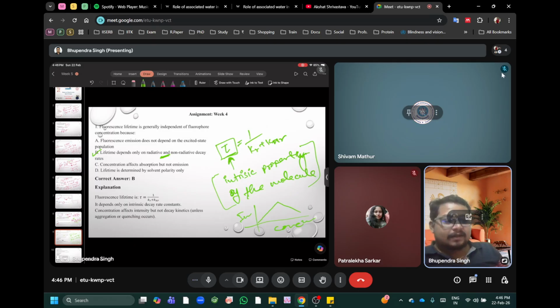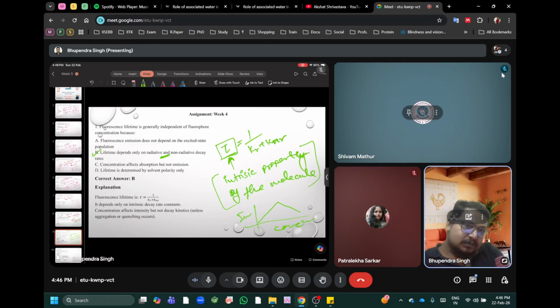It depends on the kinetics of the radiative and non-radiative decay. However, it can depend on the concentration. It doesn't depend on the concentration in the ideal situation. But if the concentration is too high, the monomer might form dimer, trimer, and oligomer.